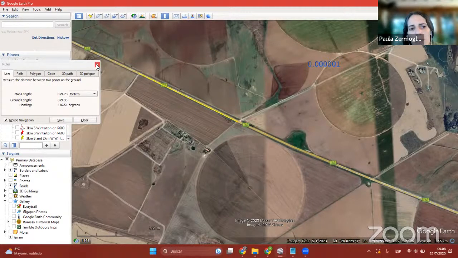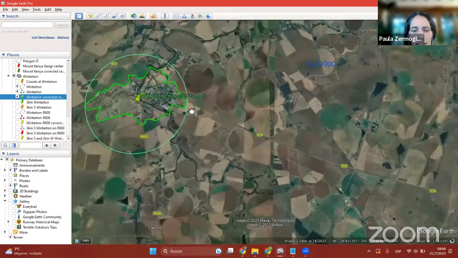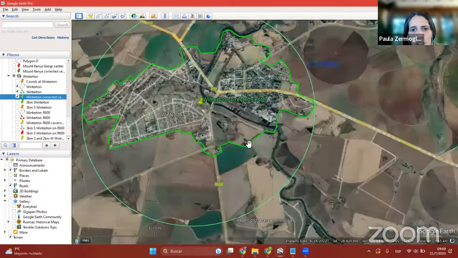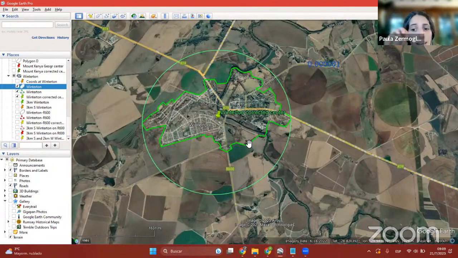That's the error I am committing. That's something that each of you has to determine, and as we were saying the last class, we need to calibrate it every now and then and see if we're keeping the same error or not. The error, usually, if we are using a good level of zoom, is between 2 meters and 5 meters.